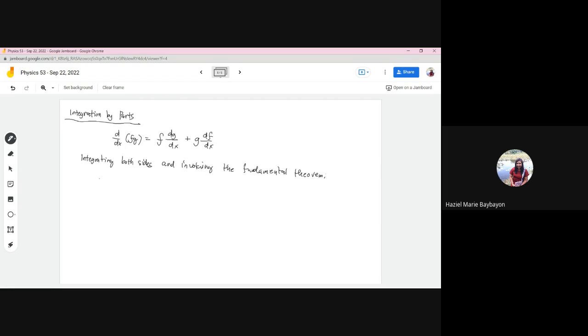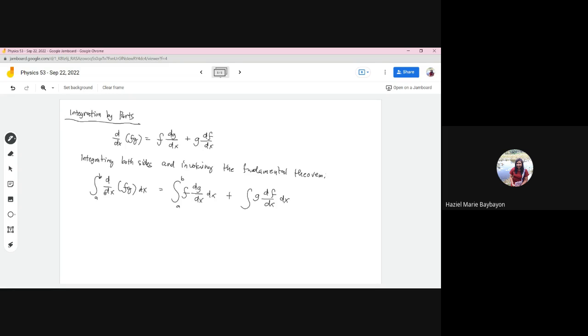Okay, so let's integrate both sides. You have the integral of d/dx of the function f times g dx, which is equal to the integral, suppose we are integrating from point A to point B, of f dg/dx from A to B, plus the second term on the right-hand side of your equation, g df/dx dx.